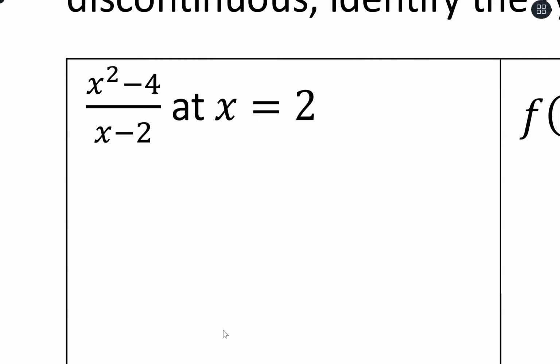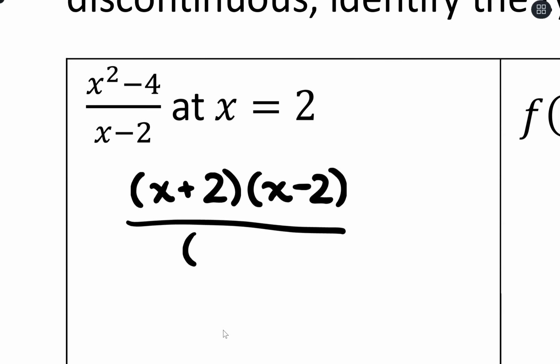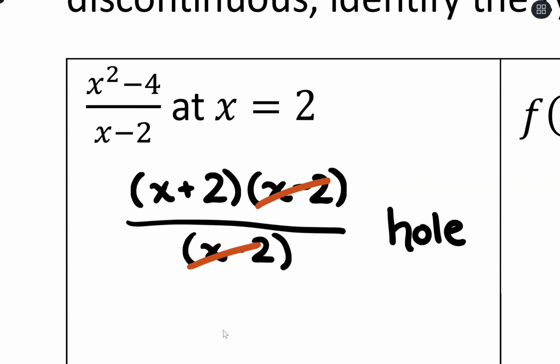And to know whether or not we have a hole, what would be best to do is to factor everything. So we already know we have an issue because when we have x equals 2, we can't plug in 2. I already kind of know we have a discontinuity, but just to prove that it's a hole and not an asymptote, in the numerator, if I factor with difference of squares, so x plus 2, x minus 2, this is showing me that because the x minus 2 cancels out, that's telling me we do have a hole in the function.